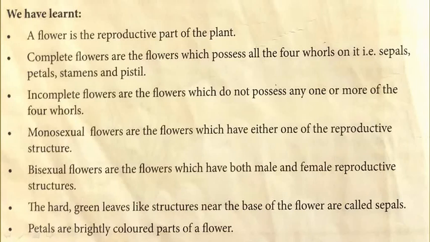Now children, what you have learned in this whole chapter on pollination: you have learned a flower is a reproductive part of a plant. Complete flowers are the flowers which possess all the floral parts, that is sepals, petals, stamens and pistil. Incomplete flowers are the flowers which do not possess one or more of the four whorls.